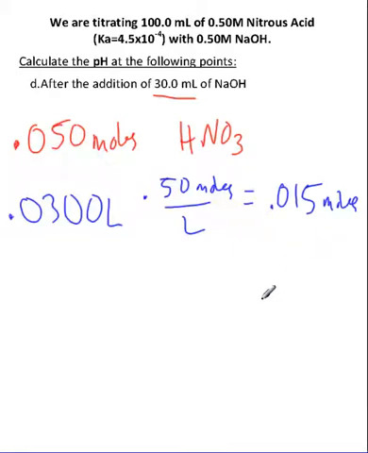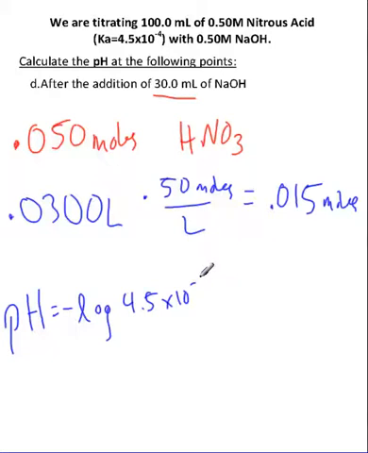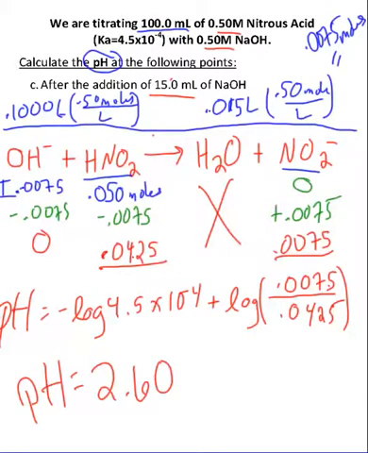Going back to that easy way to think about it, pH is going to equal the negative log of the Ka, 4.5 times 10 to the minus fourth, plus the log of the conjugate base over the acid. If I add 0.015 moles of OH ion, however much OH I add, it's going to make that much NO2.